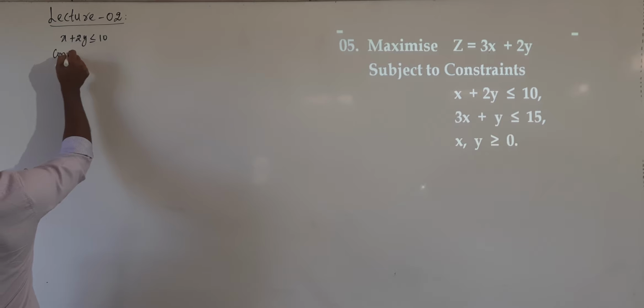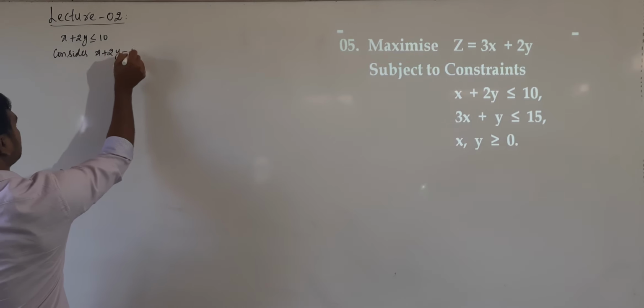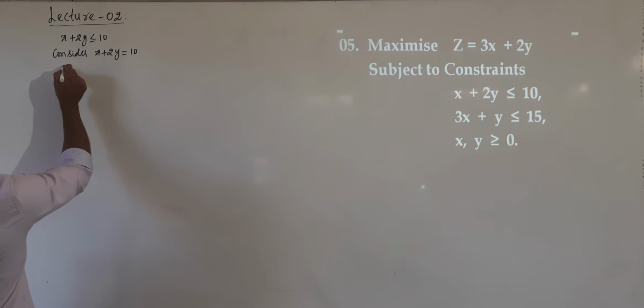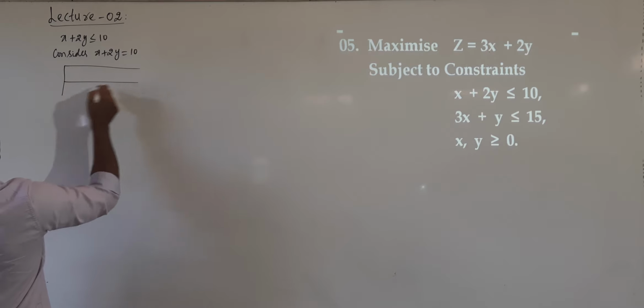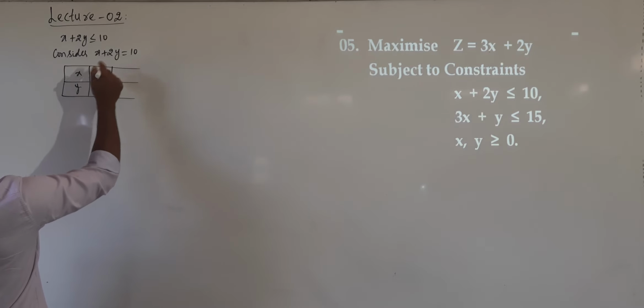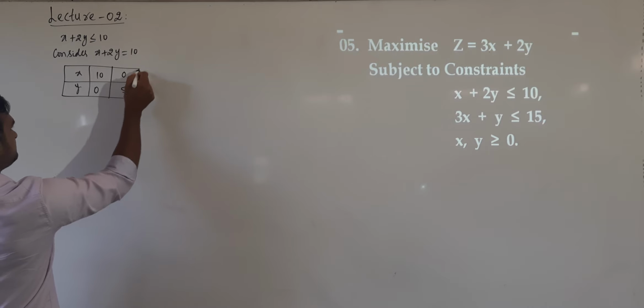So, replace the inequality with equality: x plus 2y is equal to 10. Find the points of intersection with the coordinate axes. When y is 0, x is 10, and when x is 0, y is 5.